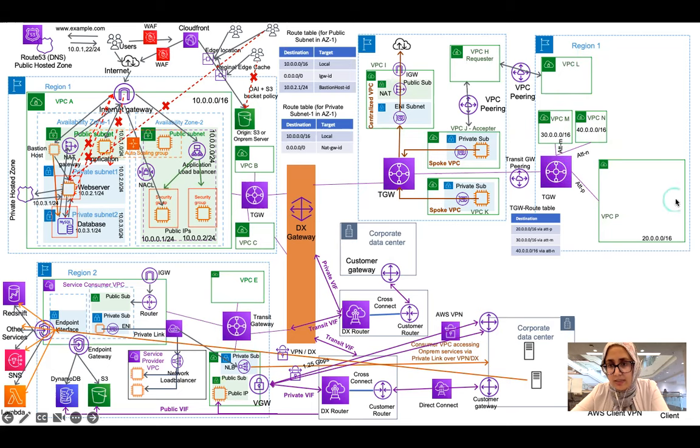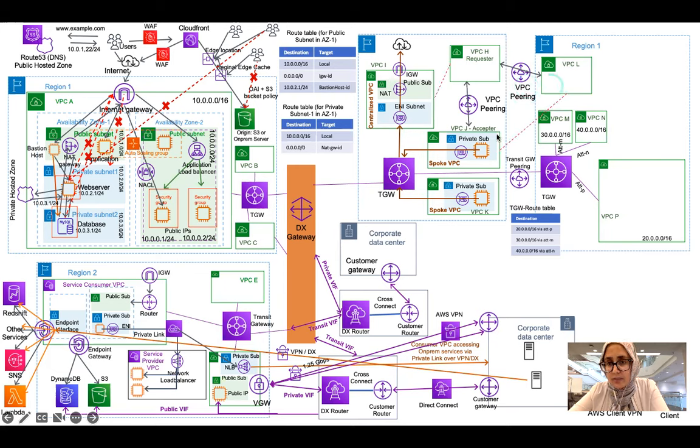Now all these VPCs can talk to each other. But with VPC peering, it has to be a direct one-to-one connection for them to talk, otherwise there is no transitive routing. That's why we have a transit gateway, which allows for transitive routing, but with VPC peering there is no transitive routing.